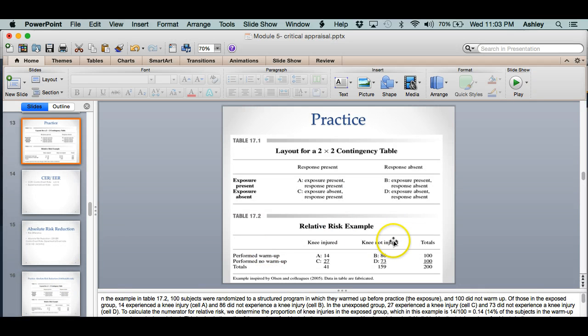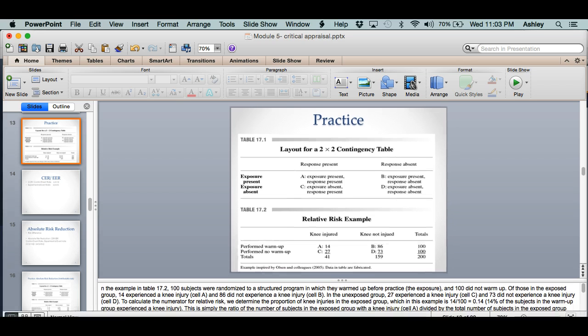So here's an example that I used and provided for you as a 2x2 contingency table, and I'll use this to explain when we're looking at these numbers. In this example, we have a total of 100 subjects that were randomized to a structured program in which they are warmed up before practice. This is the exposure.